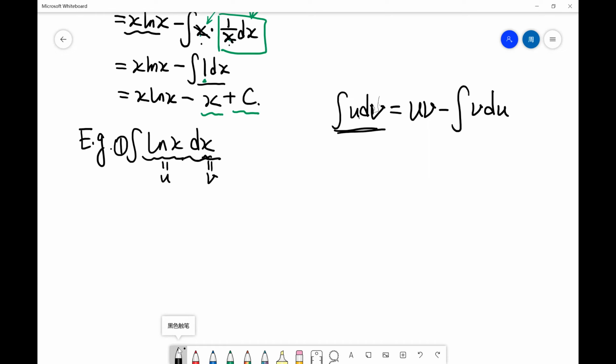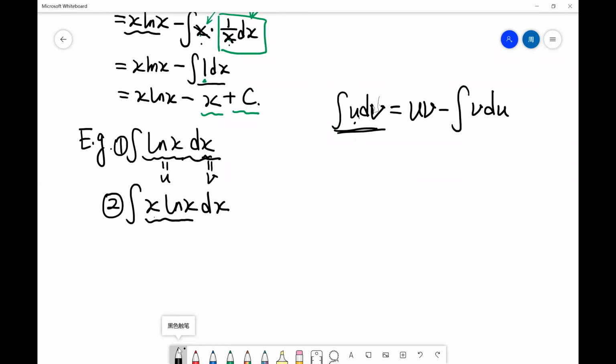But if I give you another example, maybe you should think about it. If I change the integrand to x ln x dx, you will find that the question is more complicated because we have two functions here, x and ln x.